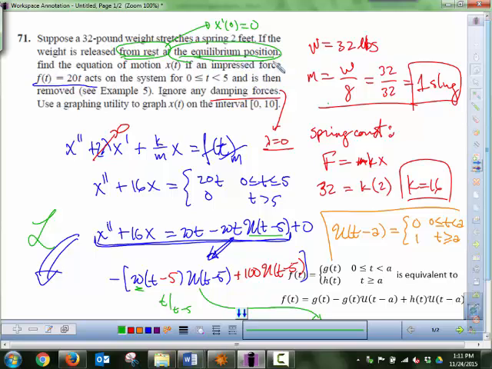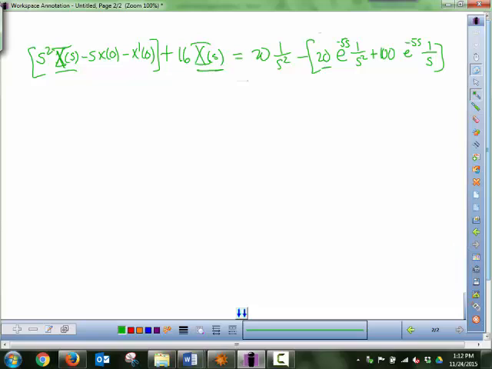And at equilibrium position means your starting position is also 0. That makes our job a little bit easier, since the initial conditions are 0. All right, so back to our problem. Initial conditions 0, these are gone. Those are all initial conditions, so those are all we're able to knock out.